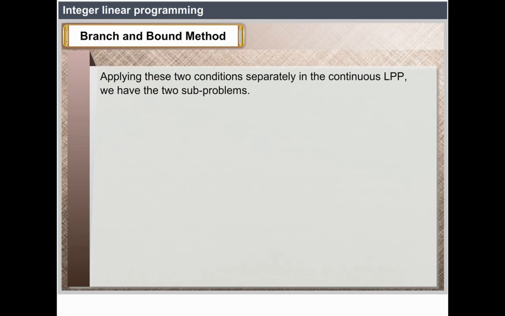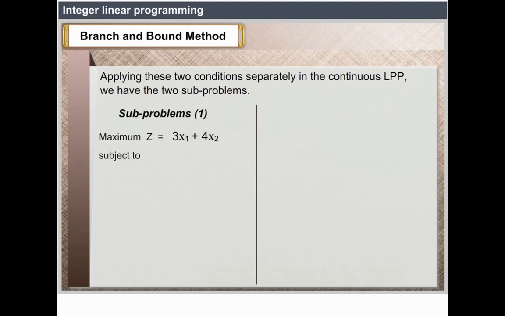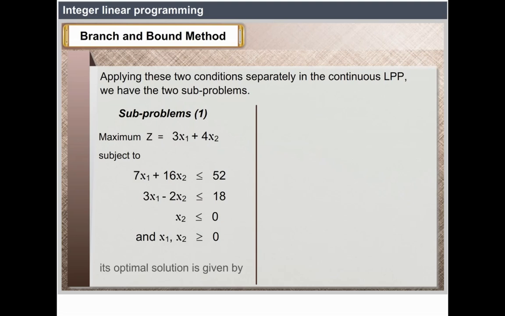Applying these two conditions separately in the continuous LPP, we have two subproblems. Subproblem 1: maximize z = 3x1 + 4x2 subject to 7x1 + 16x2 ≤ 52, 3x1 − 2x2 ≤ 18, x2 ≤ 0, and x1, x2 ≥ 0.